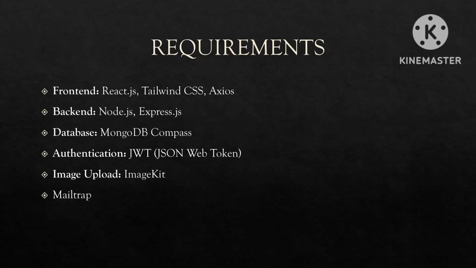In fact, they are stored on ImageKit, and that particular image URL is stored in MongoDB. So this makes the reloading of a web page smoother, efficient, and reliable. And we also use Mailtrap for mail-related work.